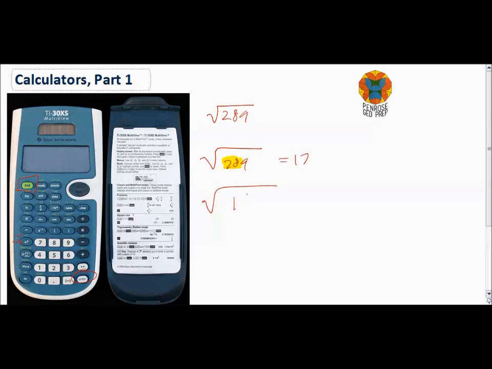Let's say we wanted to find the square root of 16 plus 7. We do the same thing as before. We get our square root symbol by using the second key, and then the key under the square root symbol on the calculator. We've got our space.